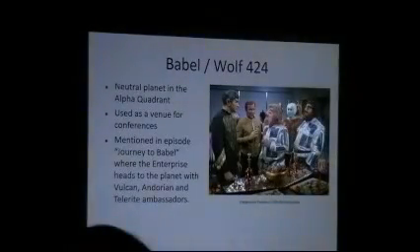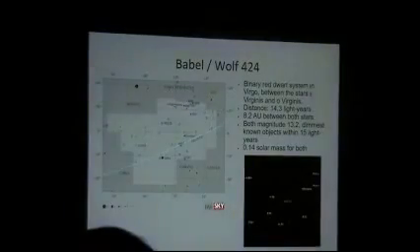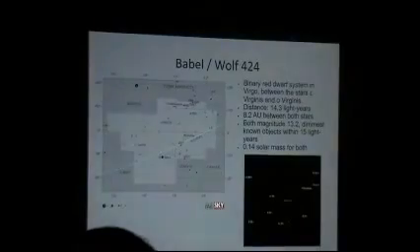Babel. This was a really good episode. Babel is a neutral planet used for conferences and all that. It was in an episode called Journey to Babel, in which the Enterprise brought delegates for a peace conference. Babel here is right about here.